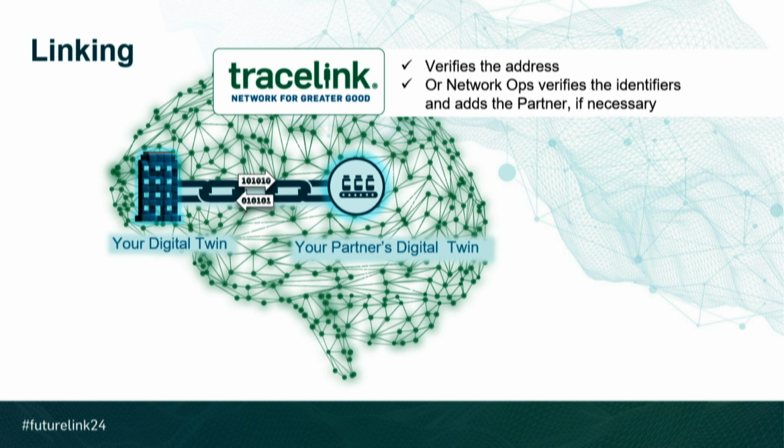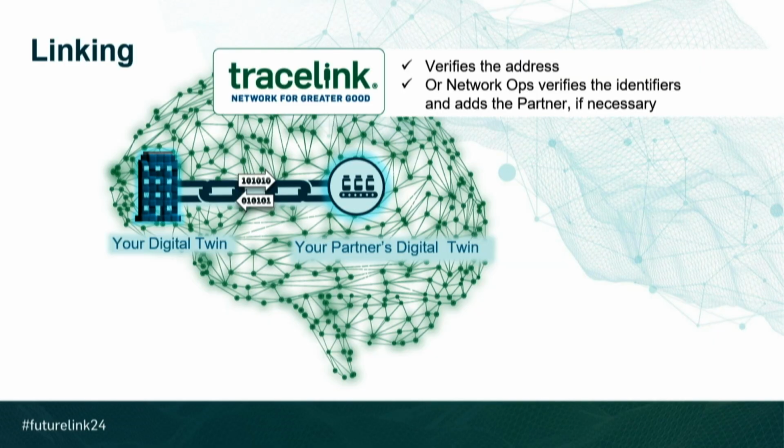If it doesn't, well, our network ops team verifies the identifiers. If it's not there, we'll add them if necessary, and basically add that identifier to your address book. And the link represents a quasi-conduit in the system. I say quasi because it's not actually a conduit.